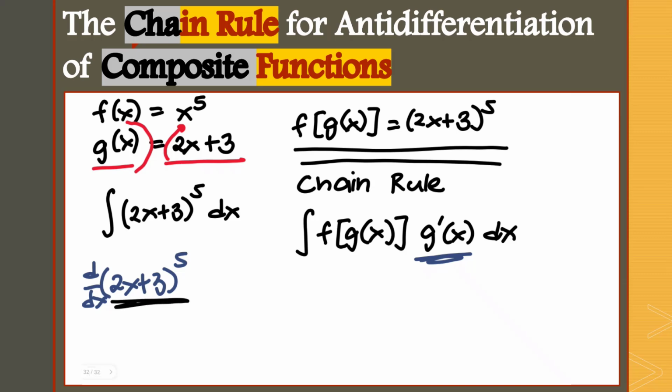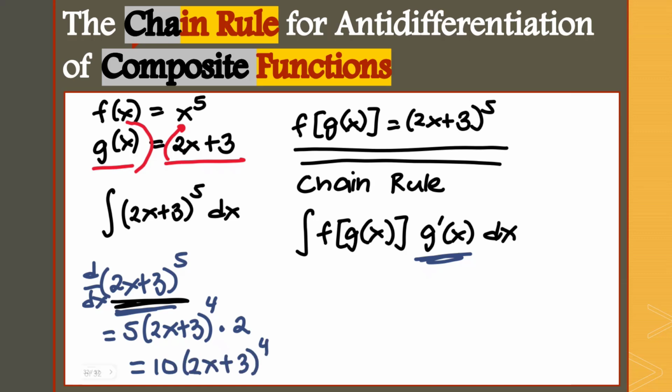So using the power rule for differentiation, you have 5, 2x plus 3, 5 minus 1, which is 4. This is a short review on differentiation, times the derivative of what is inside. And the derivative of 2x plus 3 is 2.